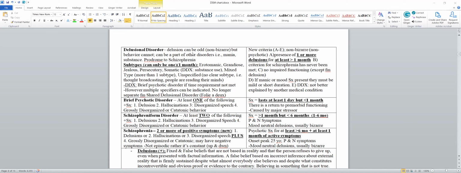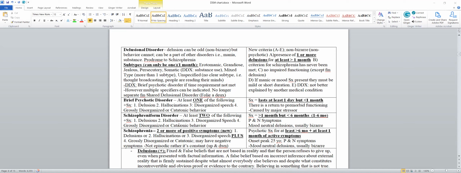Remember, in delusional disorder, you have to have one or more delusions for at least 1 month. But in brief psychotic disorder, you have to have a positive symptom for at least 1 day, but less than 1 month. And this can be caused by stress as well.